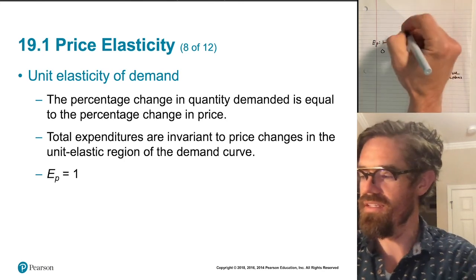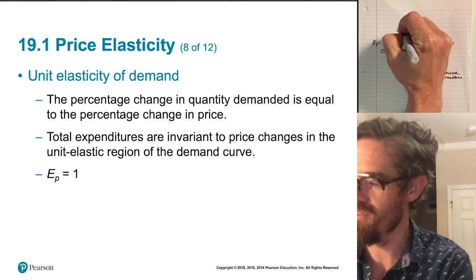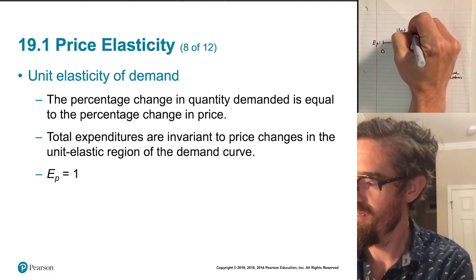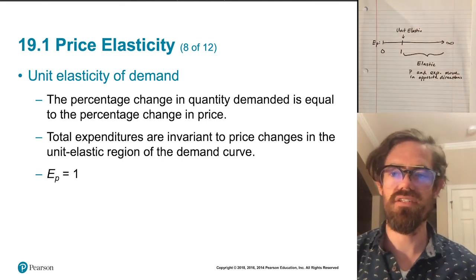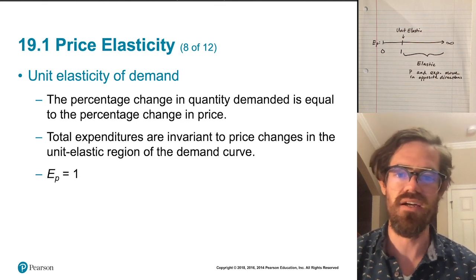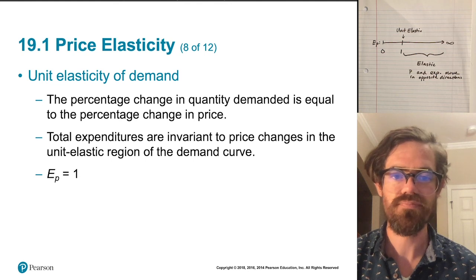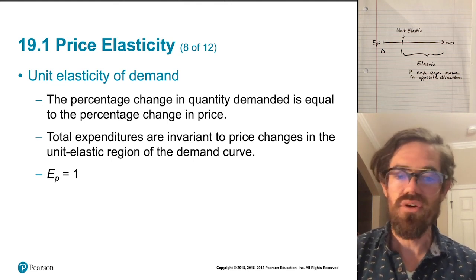Now, when EP exactly equals 1, we have a special name for that. It's called unit elastic. And it basically means that when it's exactly equal to 1, total expenditure is completely unrelated to price changes. So it doesn't mean that you don't respond.